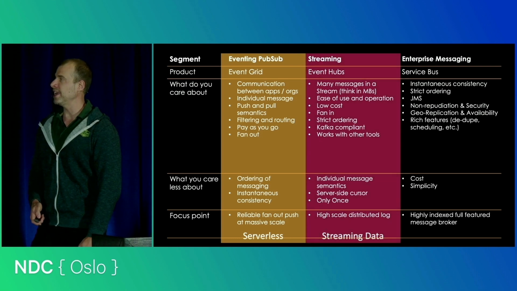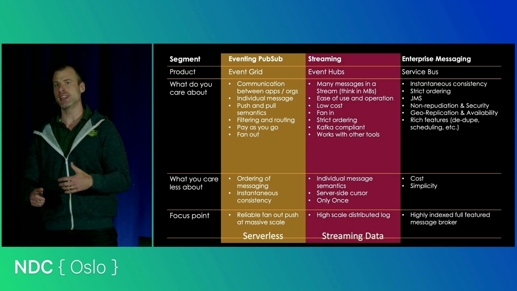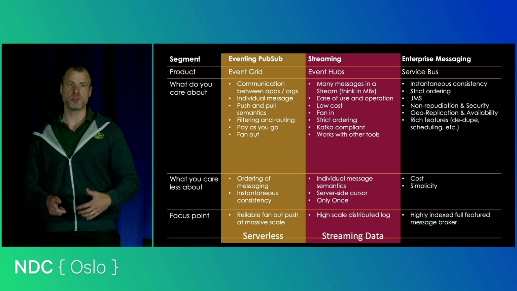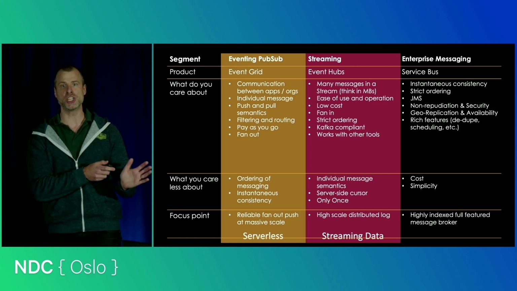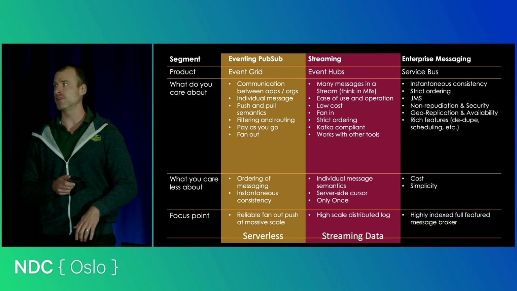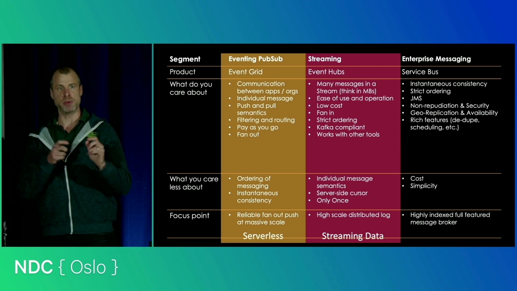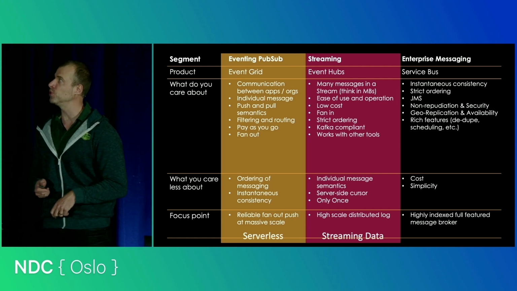For all the streaming cases where you have massive amounts of telemetry data, device data, Event Hubs is the way to go. I showed you how you can bridge the gap with Azure Service Bus as well, with session support, right? Until you've depleted that functionality, and then you go over to Event Hubs.